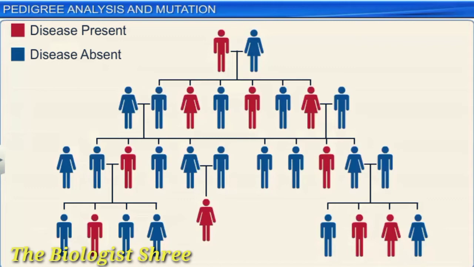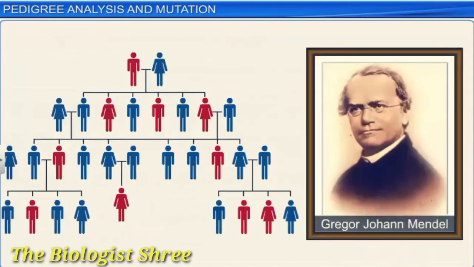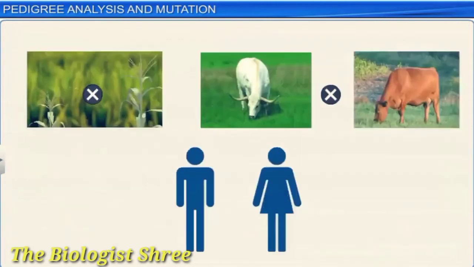Yet it was primarily after the rediscovery of Mendel's work that studies pertaining to the inheritance pattern of traits in human beings began. However, due to certain scientific and ethical reasons, it was not possible to carry out controlled crosses in human beings as in certain plants and animals.